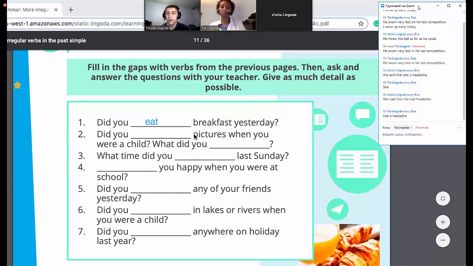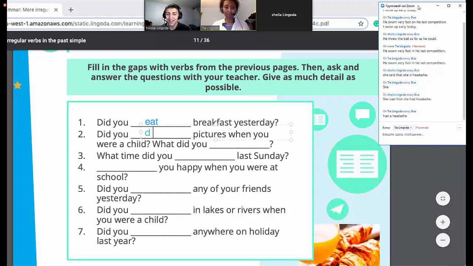Good. Nikolai. Did you draw pictures when you were a child? Okay. No, hold on one second. Give me two seconds. I'm sorry. Oh goodness, my R does not work, so let's pretend the R is there.